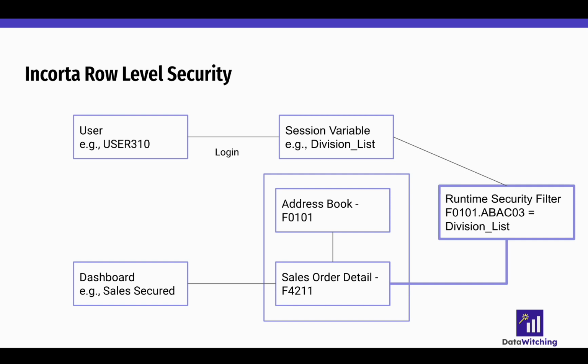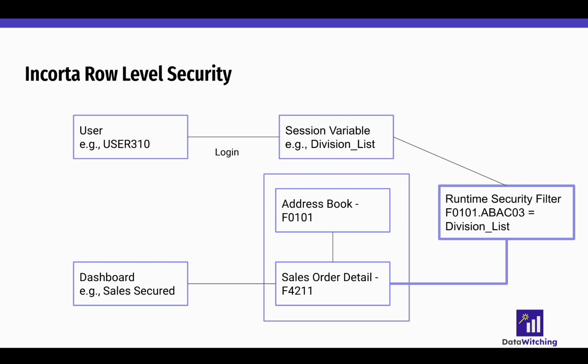It can also use attributes from parent tables, or a user permissions list, such as the division list. For example, define this filter. This list is stored in a session variable that gets established when a user logs in.